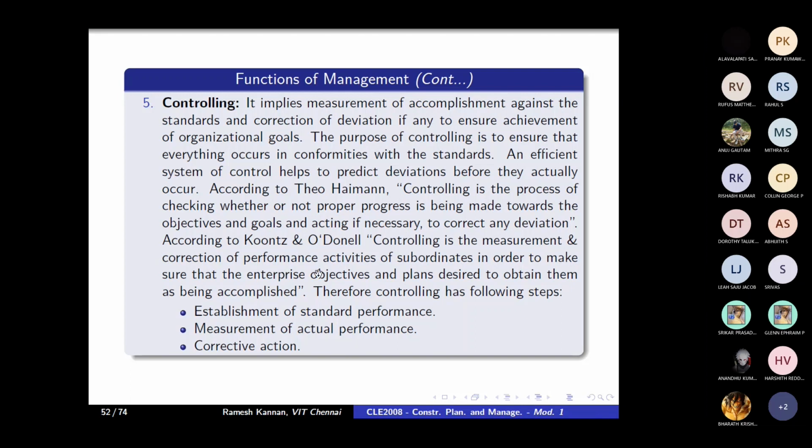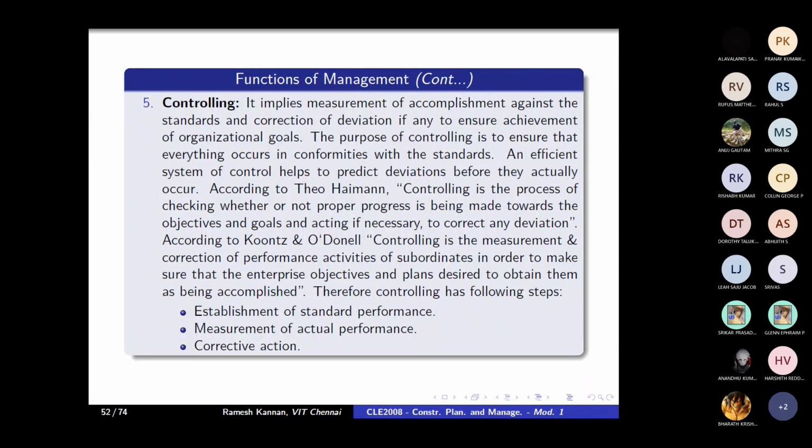It has three steps: establishment of standard performance, then measurement of actual performance, and corrective action. First we check whether everything goes correct, wrong, or partially correct or partially wrong. Then we find out whether the actual performance is satisfactory. If it is not, we perform the corrective action. That's pretty much the controlling factor.